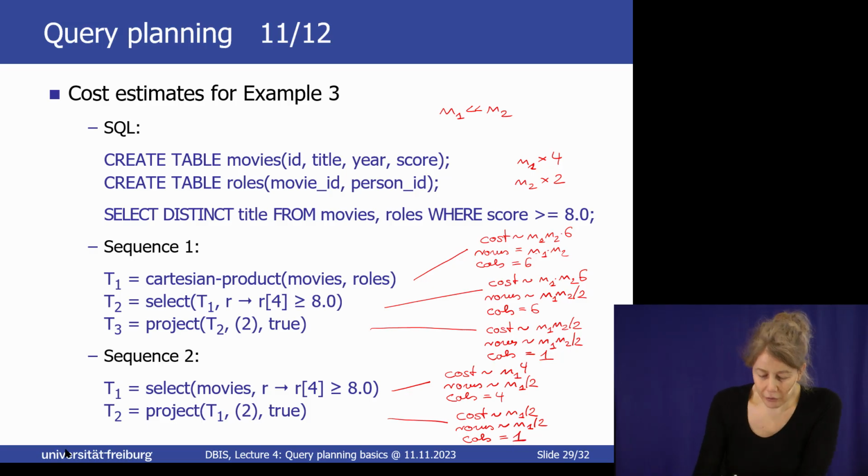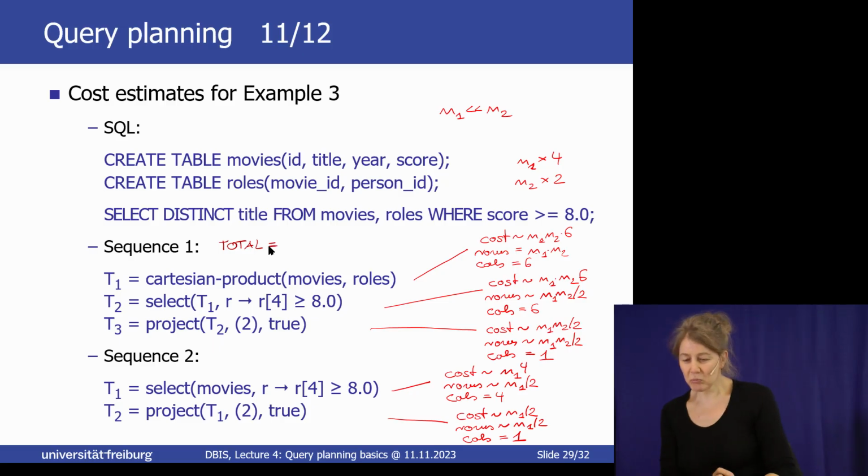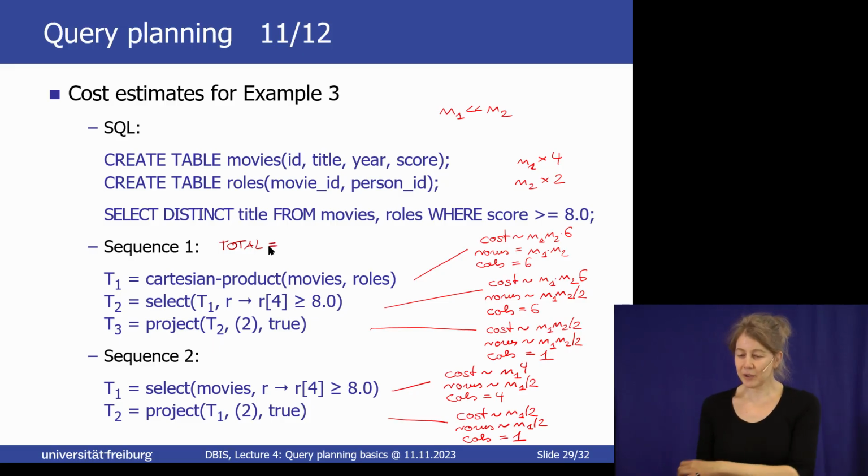Now let's look at the totals, sum it up. It's our last example. So what's the total here? That's actually a nice, what's the total for sequence 1? It's hard work. What is it?